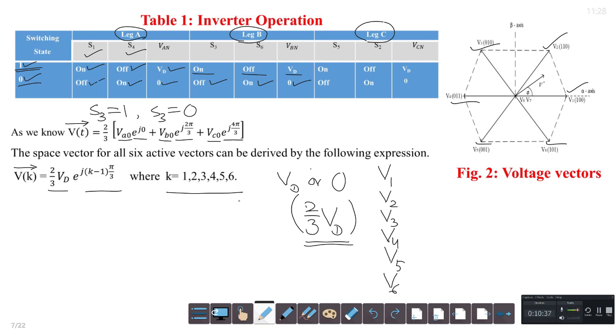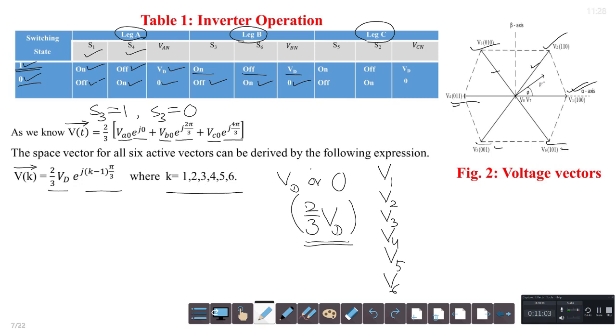If k equals 1, k minus 1 is 0, so it is V1, the reference, with magnitude 2/3 Vd and angle 0. If k is 2, it is magnitude 2/3 Vd at an angle of 60 degrees, pi by 3. Similarly for k equal to 3, 4, 5 and 6.